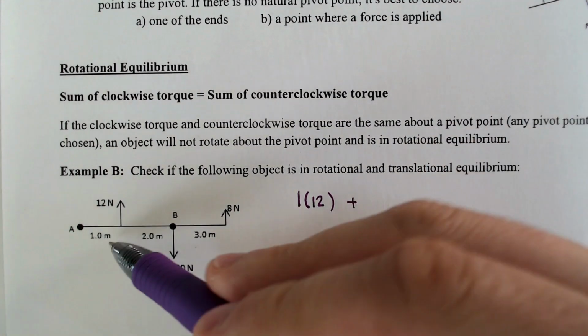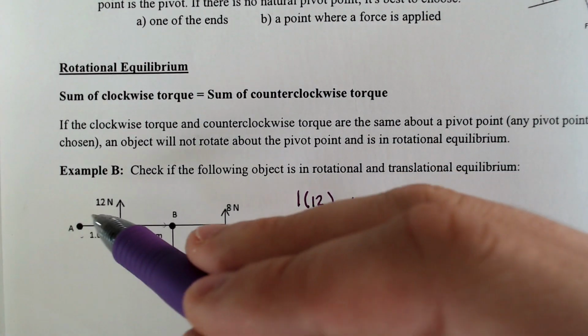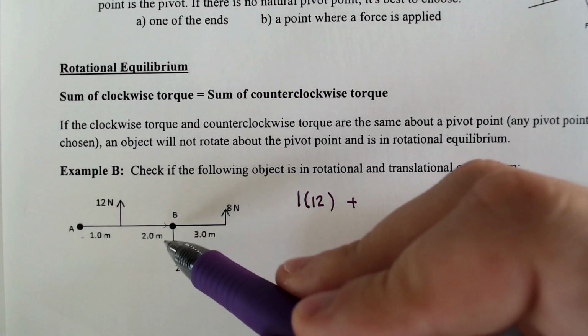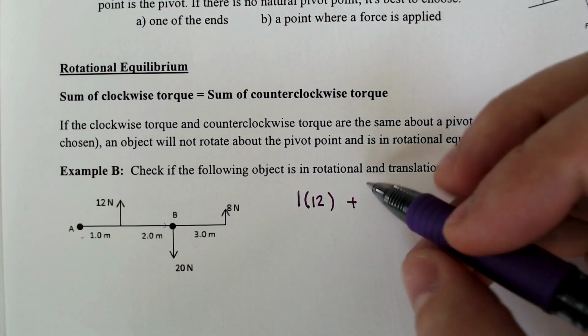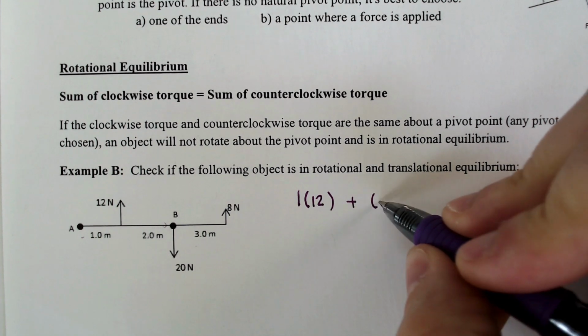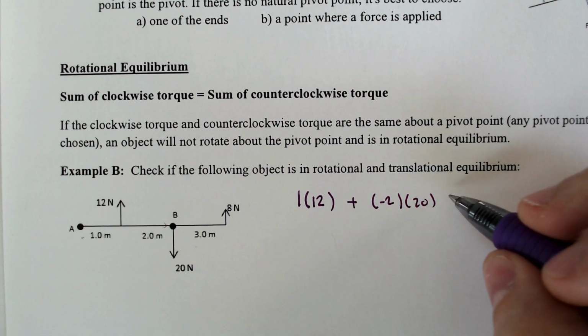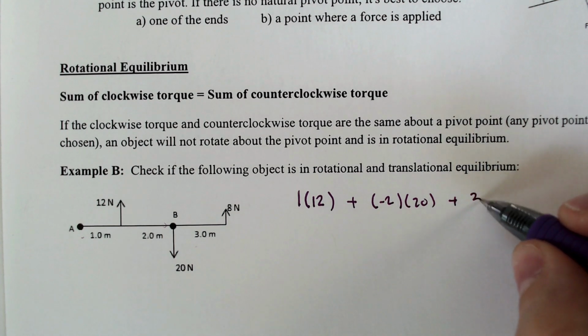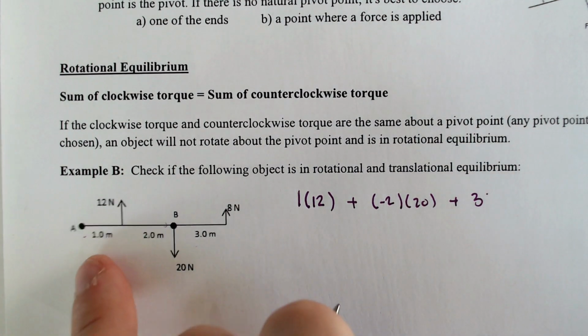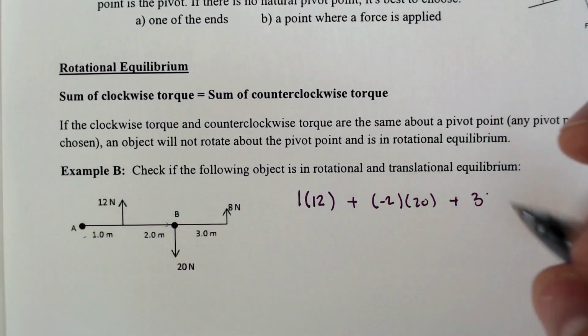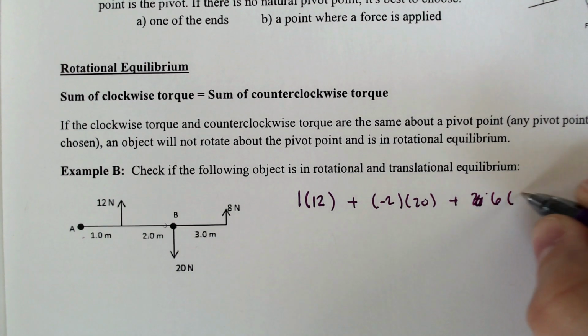And then we would have 3 meters, because 1 and 2 make 3, in the negative direction, so this would be plus a negative 2 times 20. And then we would have to add 1 plus 2 plus 3 makes 6 times 8.